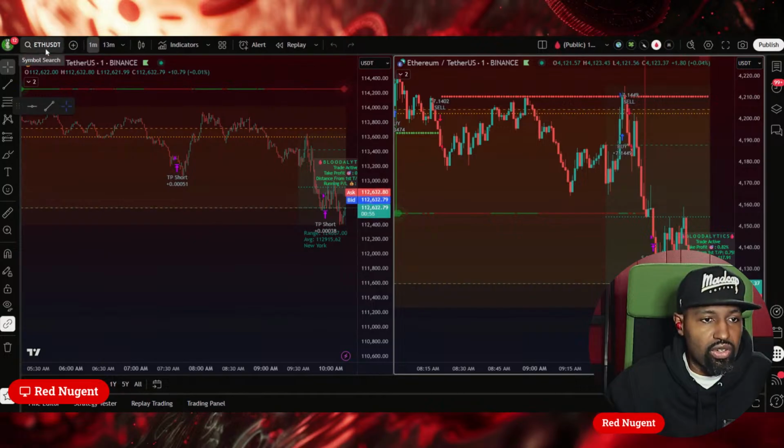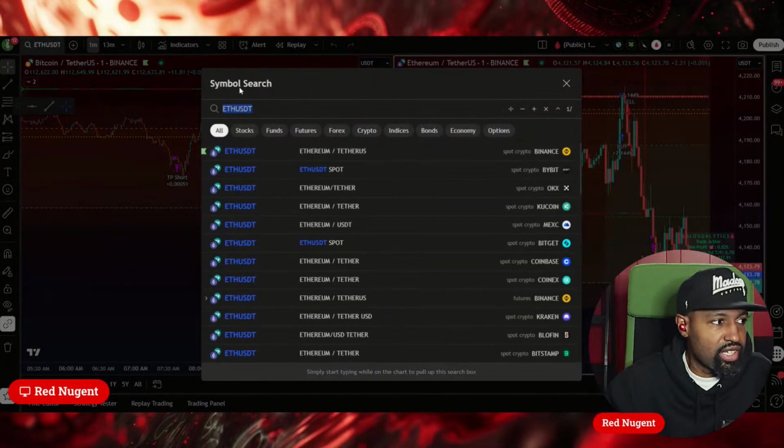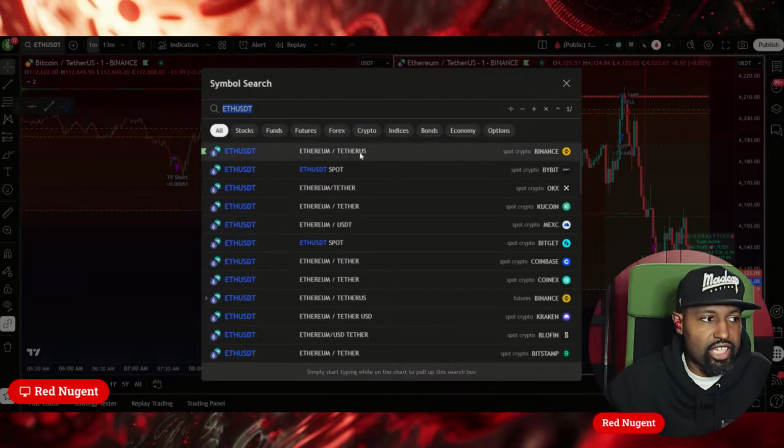On all our pairs we're using whatever crypto versus Tether on Binance, so it's going to say Tether US. When you do ETH USD, you got to do USDT and make sure you do the Tether US.